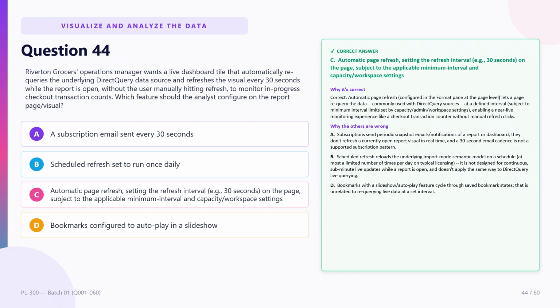It is not designed for continuous, sub-minute live updates while a report is open, and doesn't apply the same way to DirectQuery live querying. D. Bookmarks with a slideshow/autoplay feature cycle through saved bookmark states. That is unrelated to requerying live data at a set interval.